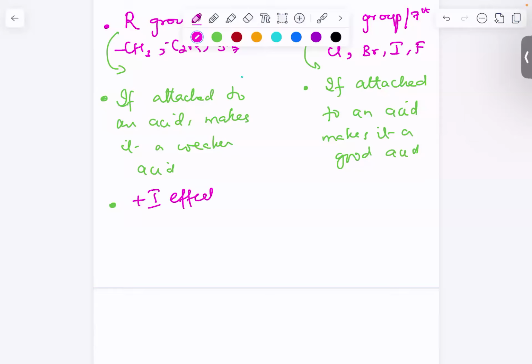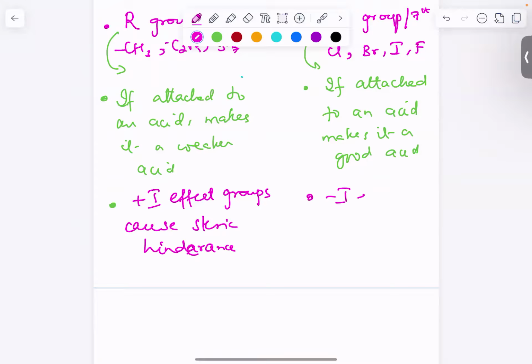Positive inductive effect groups cause steric hindrance. Now, negative inductive effect groups do not cause it.